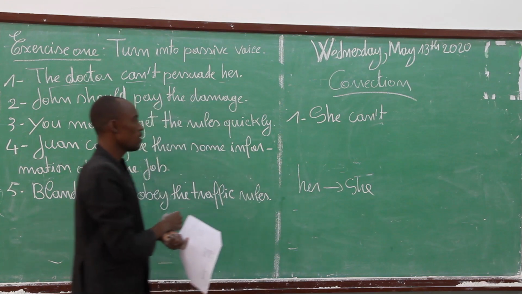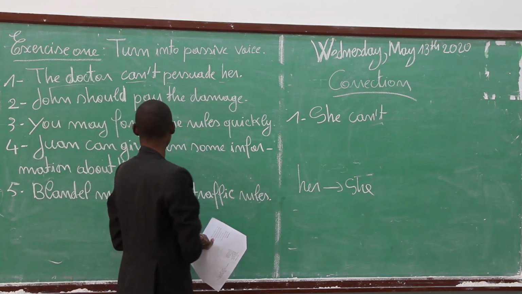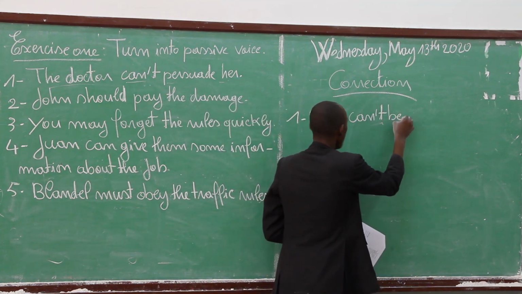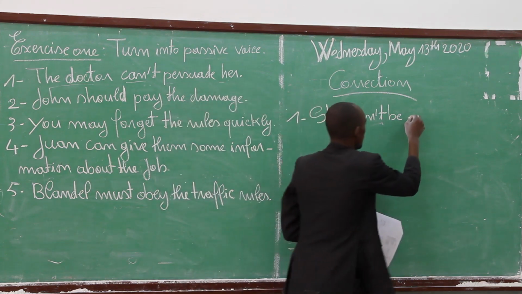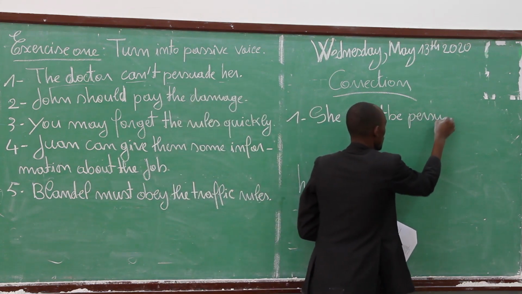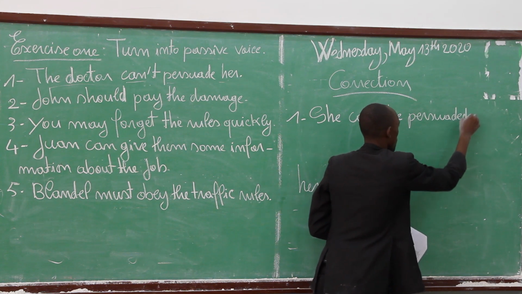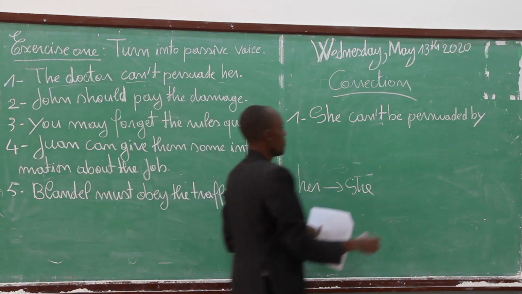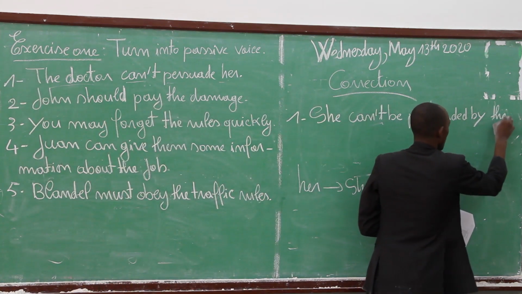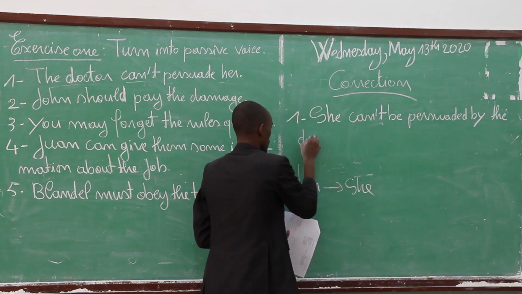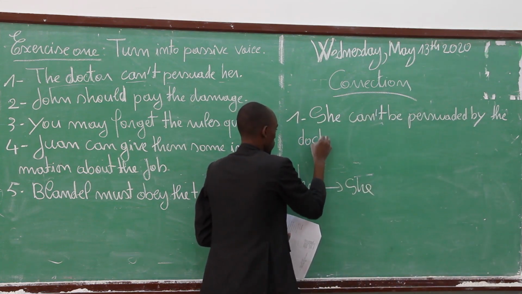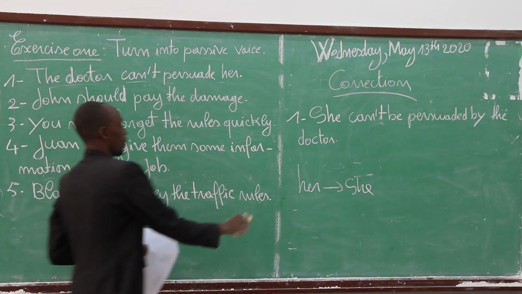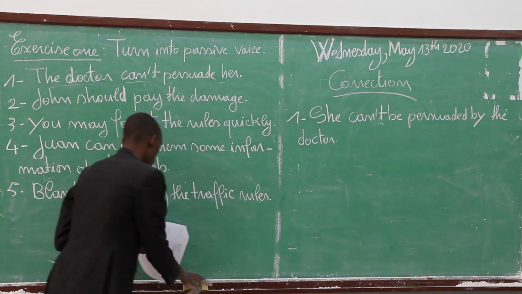And after the modal verb, we take the auxiliary: can't be persuaded by, and we have by the doctor.